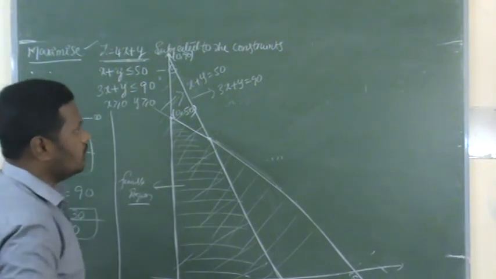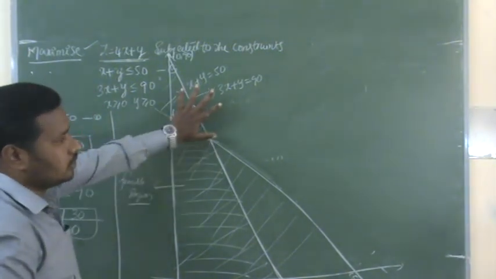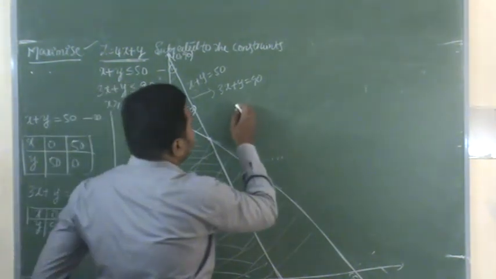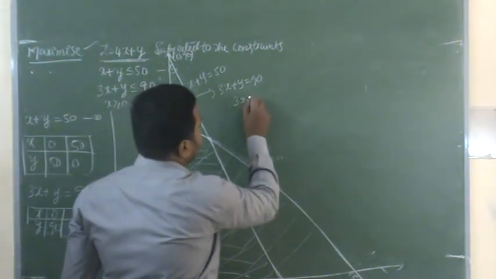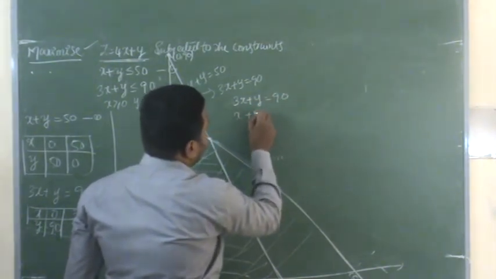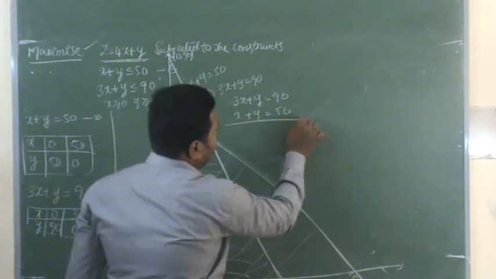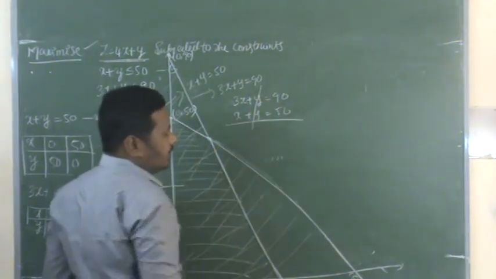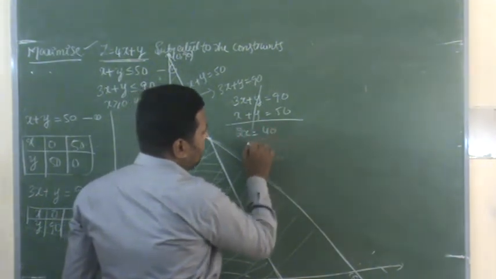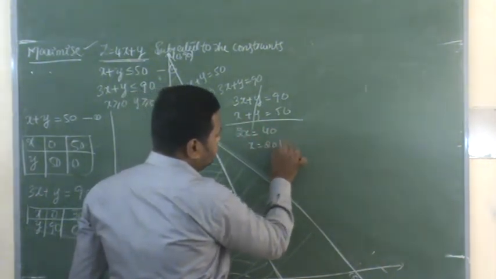Now we have to find the intersection of the two lines by solving the two equations, 3x plus y equals 90 and x plus y equals 50. On subtracting, we get 2x equals 40 and x equals 20.